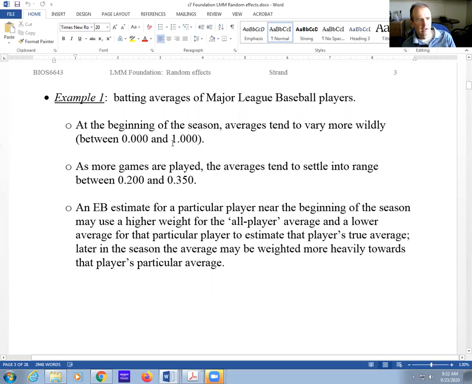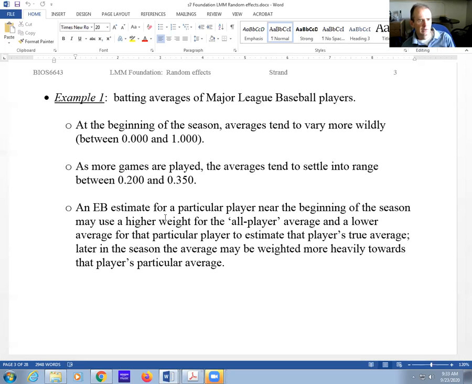After a handful of games, you may have one of these decimals, one of these proportions. Obviously, the more you play, at some point you're going to get a hit, and at some point you're going to get a miss. So after a while, these batting averages tend to settle into a range of about .200 to .350. That's a pretty standard range for batting averages.